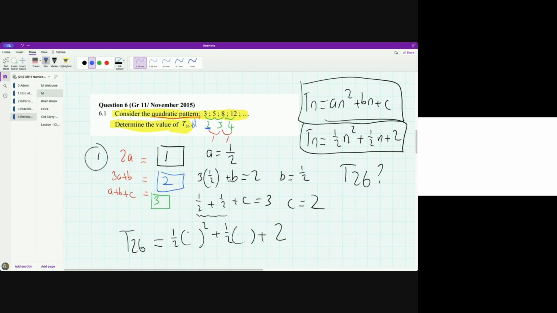So what goes in there? It must be 26. What is everyone getting on their calculators? Let's have a look here. 26 squared times a half plus a half times 26 plus 2. I get, like Ganlon or Annalena, I see Alexa agrees, 353.